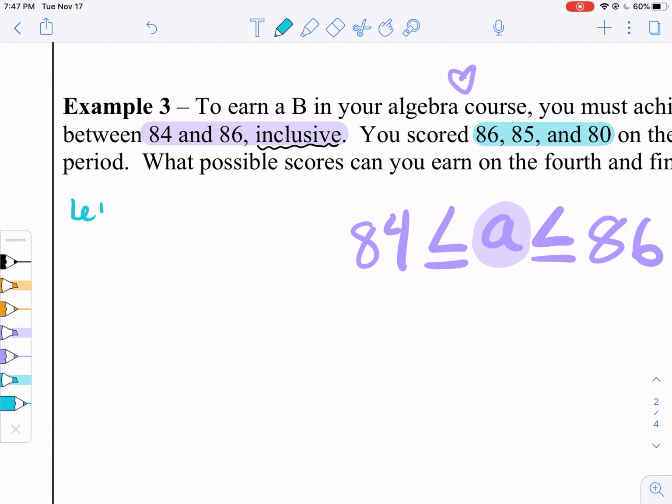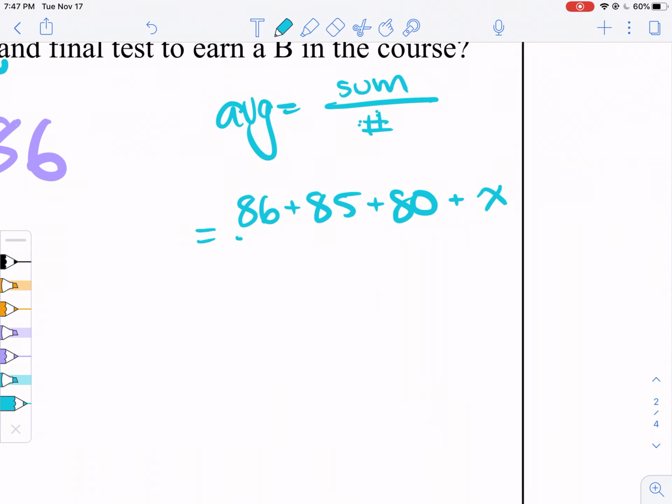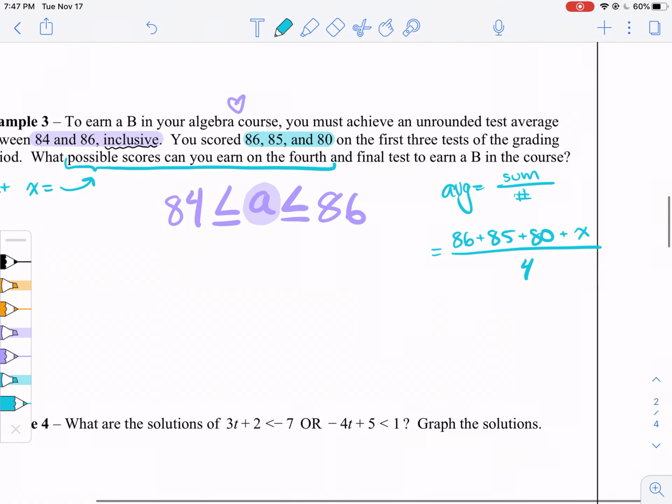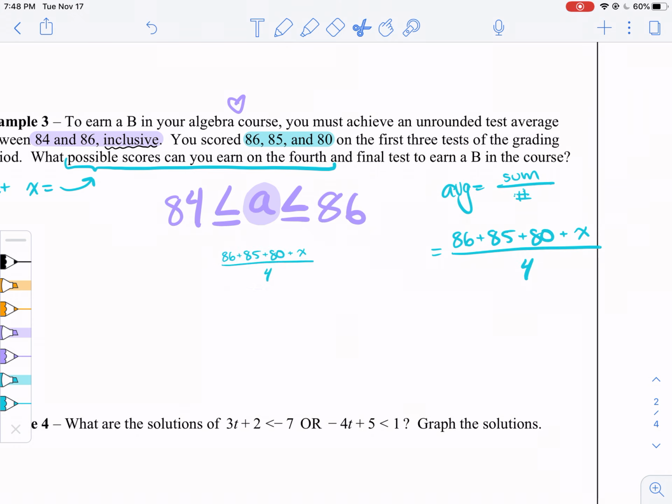Dear self, let's let x be the possible scores you can earn on the 4th test. Divided by how many scores we have? That's 4. And that's going to be our average. And that's what we said this was going to be. So let's take this guy and squeeze him in there. Okay, excellent.